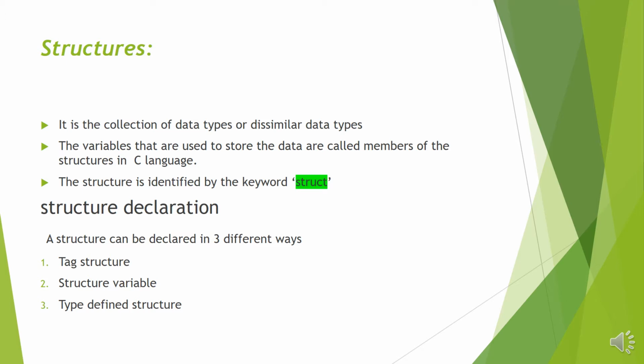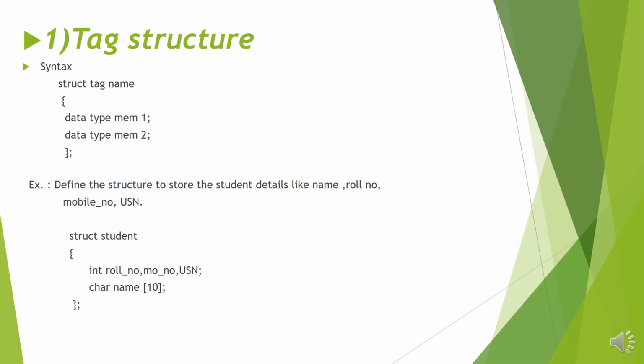The structure can be declared in C language in three different ways. The first type is known as tag structure, second is structure variable, third type is type defined structure. So the first method of creating structures is tag structure.